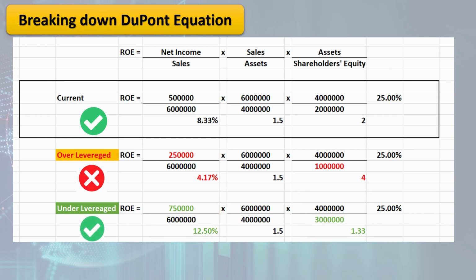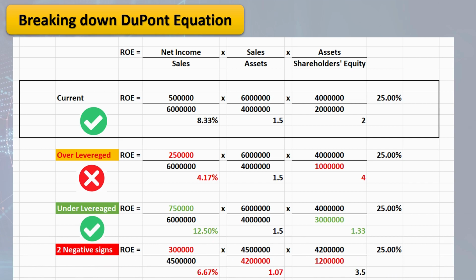Even if the company's return on equity has remained unchanged, examination in this way can be very useful. Suppose a company releases its numbers and return on equity is unchanged.